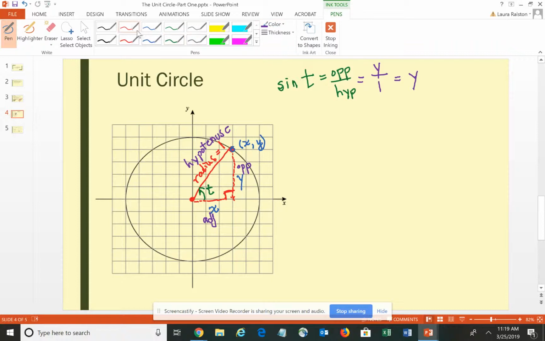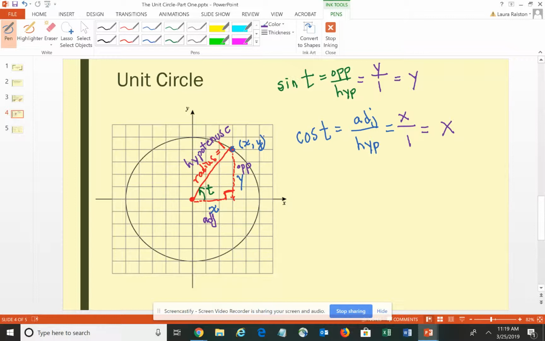Okay, now let's think about cosine. The cosine of angle T would be adjacent over the hypotenuse, which gives us x over a hypotenuse of 1, which is x.